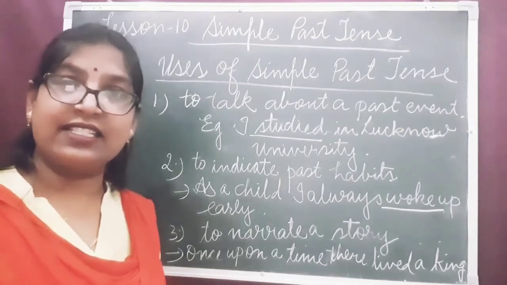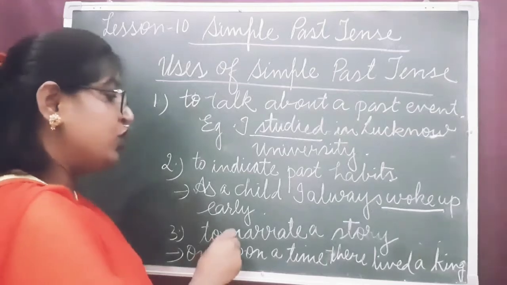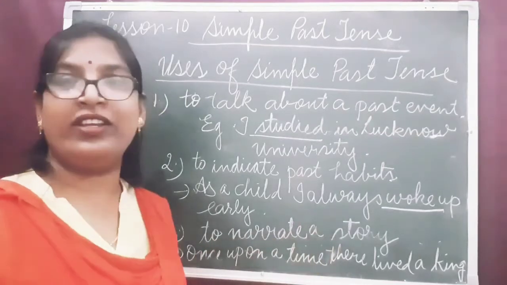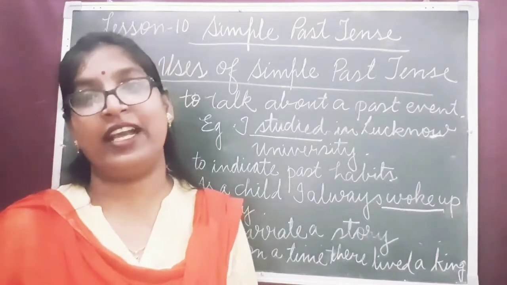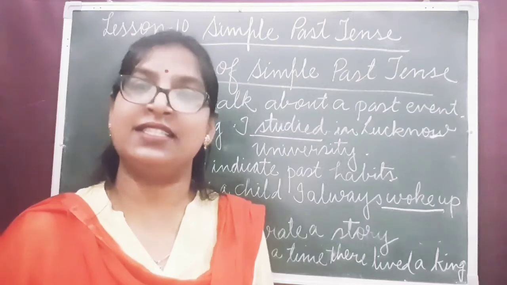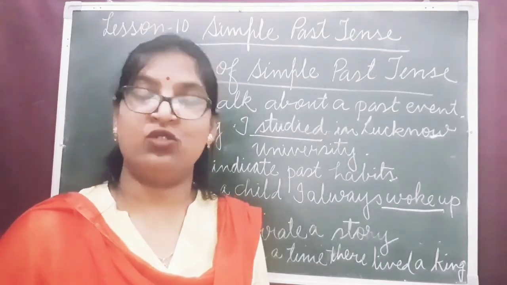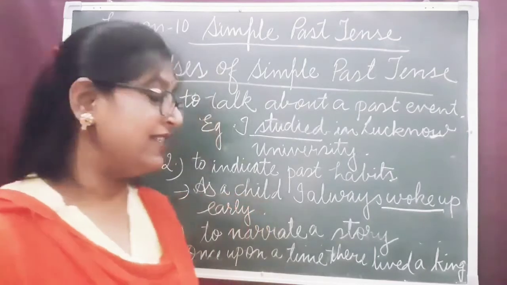And let us discuss the third use of simple past tense: to narrate a story. Dear children, whenever we narrate or write any story, we always write it in simple past tense. How?